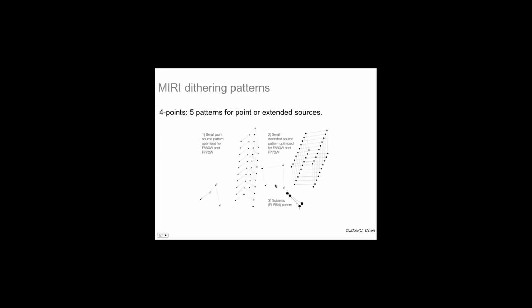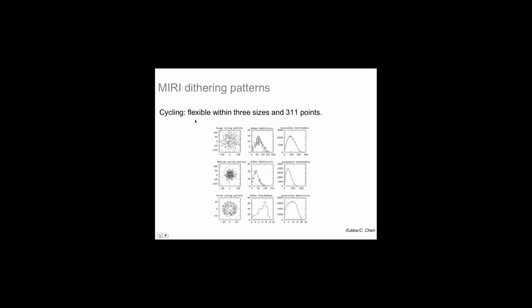There are also options for subarrays. There is a list of all the patterns available on JDox. It's an Excel spreadsheet that you want to check out for more details. There's also the cycling dithering pattern. Here the pattern is drawn from a random Gaussian distribution with 3 sizes and up to 311 points.